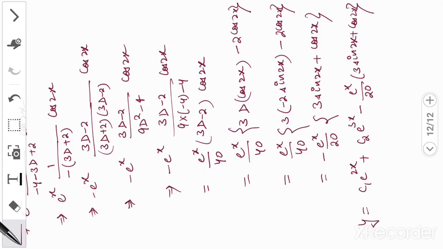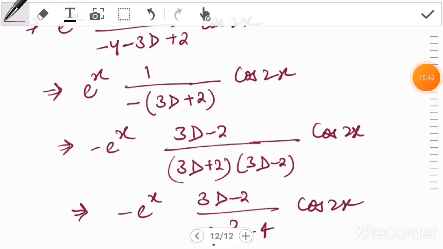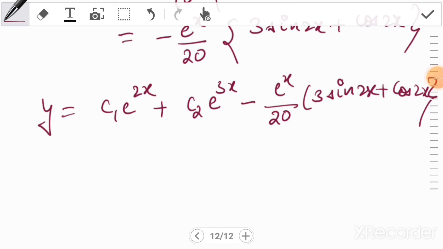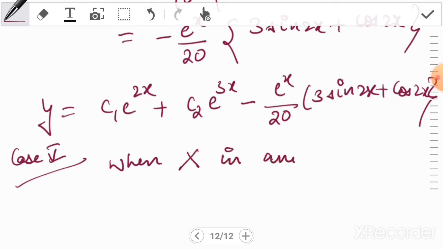So, when X is any other function of x, case 5, right?